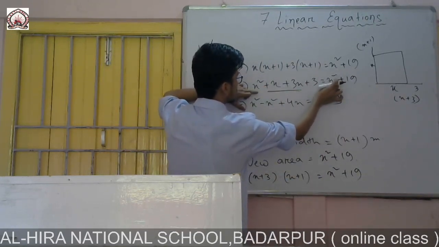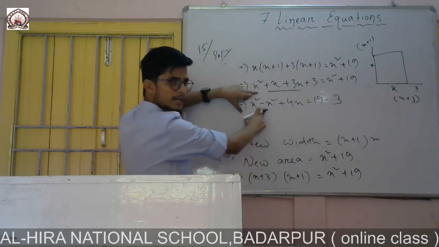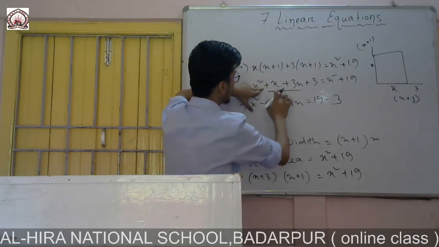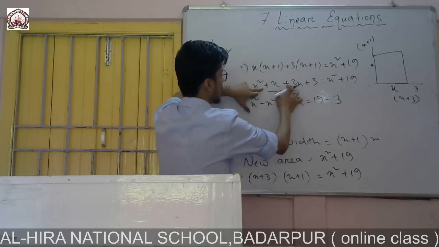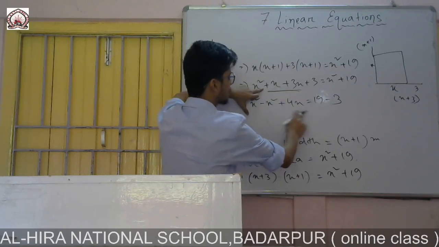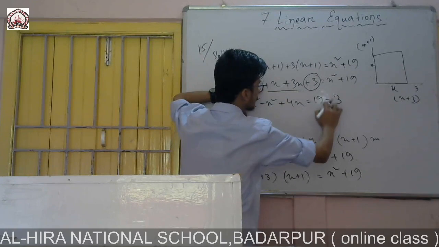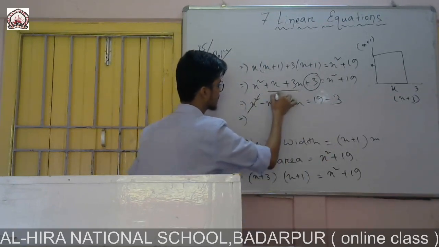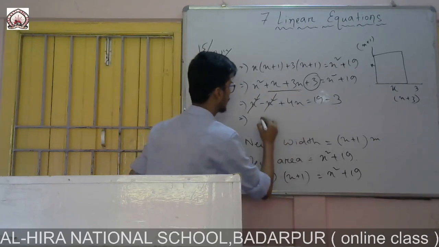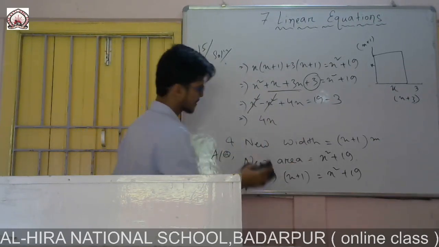Then I transpose plus 3 to that side, it will be minus 3. So I can cancel the x squares, leaving 4x equals 19 minus 3, which is 16.